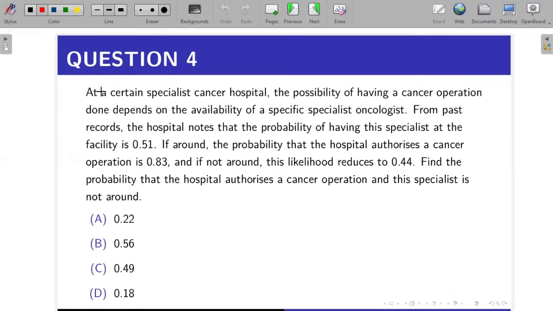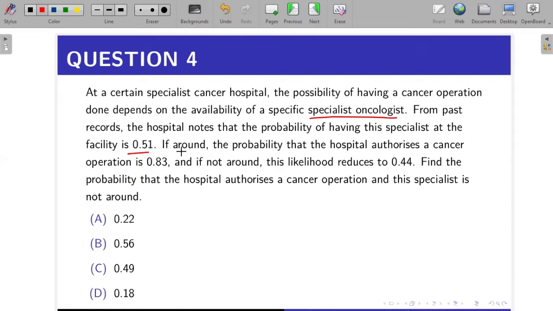So question 4 is a question on probability. Here they're saying, at a certain specialist cancer hospital, the possibility of having a cancer operation done depends on the availability of a specific specialist oncologist. From past records, the hospital notes that the probability of having this specialist at the facility is 0.51.